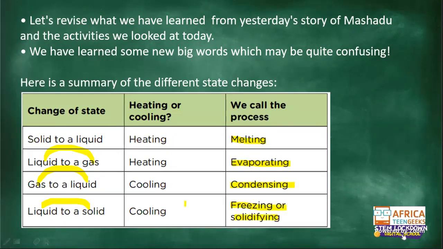Okay, so you guys understand all the different processes. Melting, evaporating, condensing, or freezing and solidifying. Every time it is either heat added or taken away, where it cools down and it will change from one state to another. Okay. It would be good if you took a screenshot of this page because this will help you to remember this, okay?